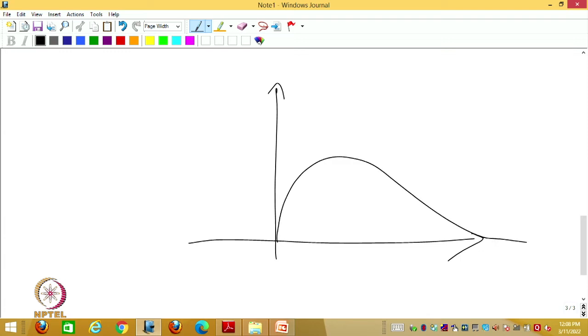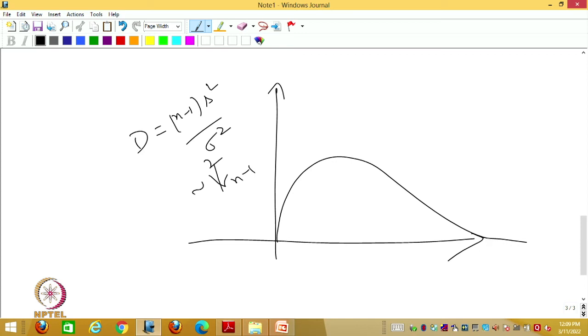Here, the statistic which you want to take, I can call it some letter d, is n minus 1 times s square by sigma square. This follows a chi-square distribution with n minus 1 degrees of freedom.